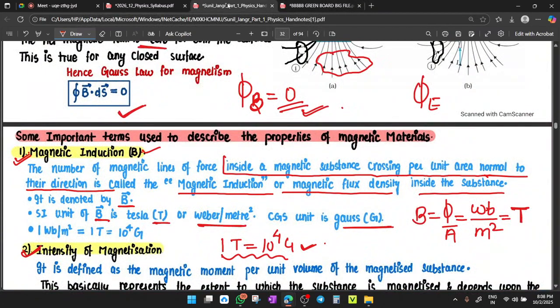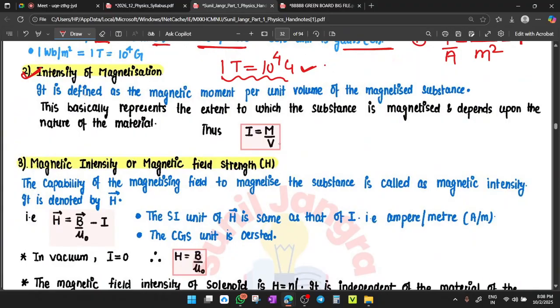In the same way here, intensity of magnetization is defined as the magnetic moment per unit volume, capital M upon V of the magnetized substance. This basically represents the extent to which a substance is magnetized and depends on the nature of the material. It depends from student to student.